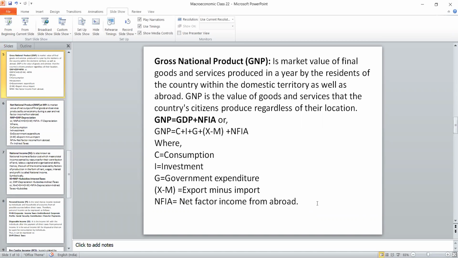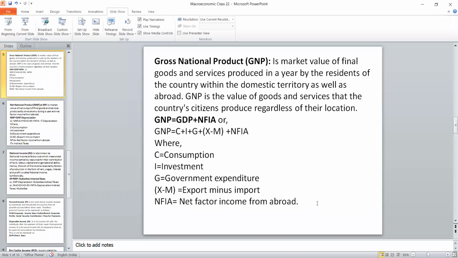The residents of the country within the political or domestic territory, and it also includes the foreign earnings abroad. The GNP is the value of goods and services that the country's citizens produce regardless of their location. Suppose an Indian is working in a foreign country, he is a non-resident of India and he is contributing to us, and that amount should be included.